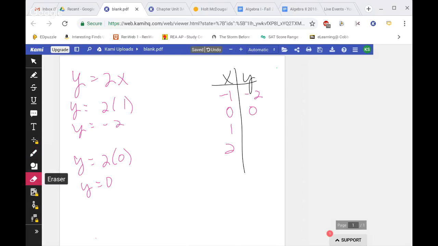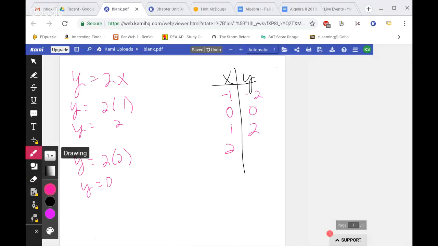And then I've got y equals 2 times 1, which is going to be 2. And then y, when x equals 2, y would equal 4.